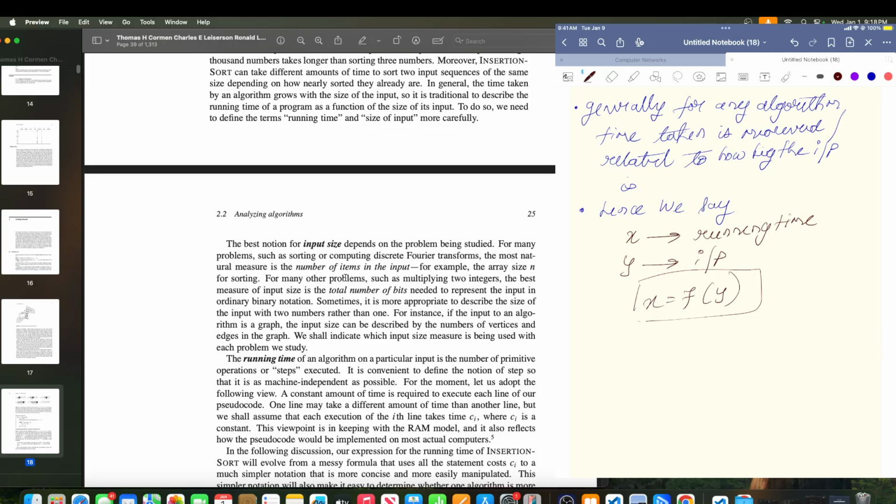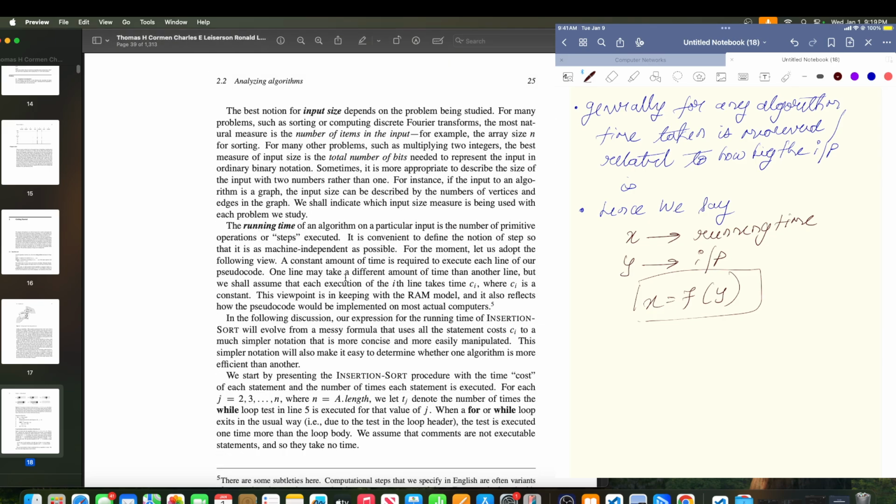Okay, sometimes it is more appropriate to describe the size of the input with two numbers rather than one. For instance, if the input of an algorithm is a graph, the input size can be described by the number of vertices and edges. We should indicate which input size measure is being used.